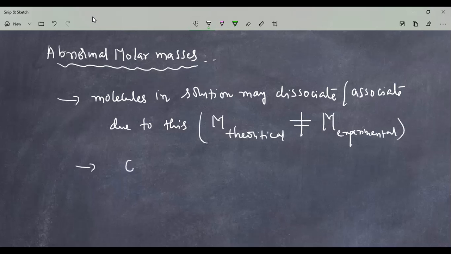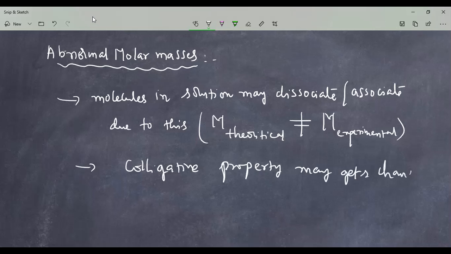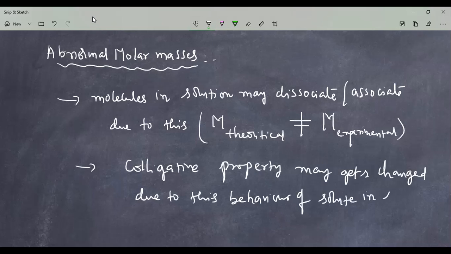That means the colligative property may get changed due to this behavior of solute in solution, which may cause abnormal molar masses.